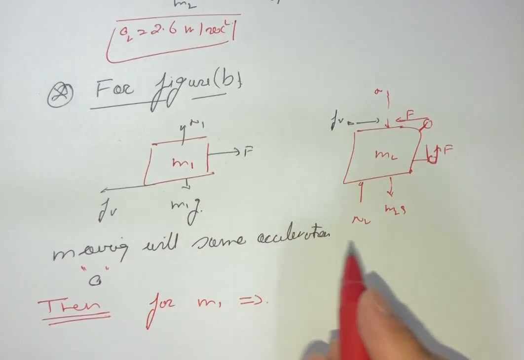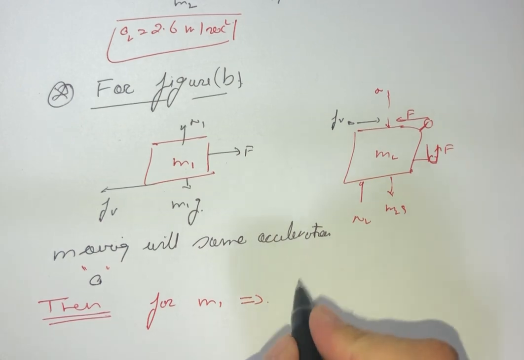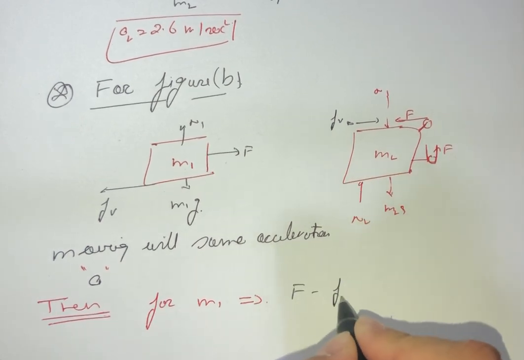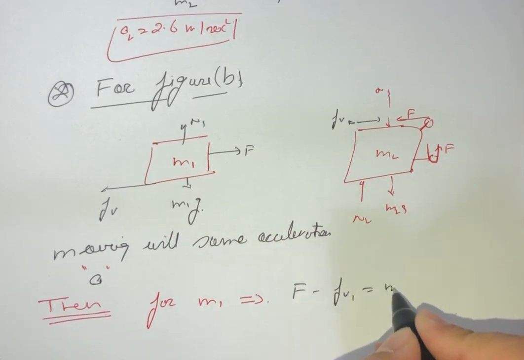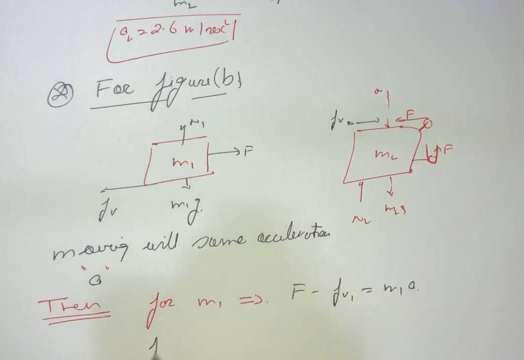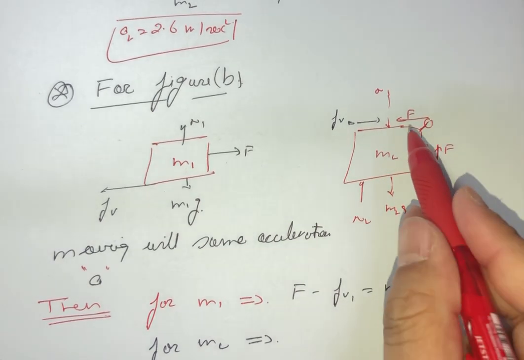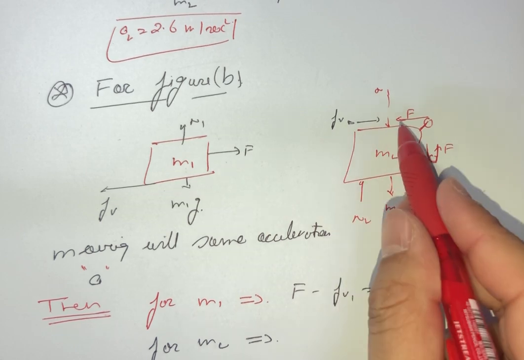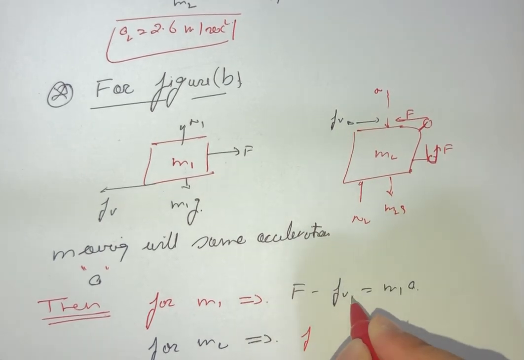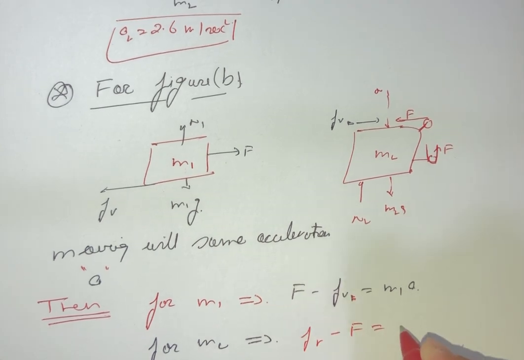We get F minus Fr equal to M1A, and for M2 we can write the equation as Fr minus F equal to M2A.